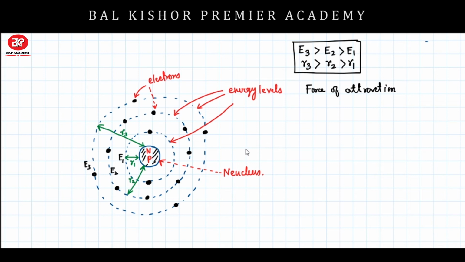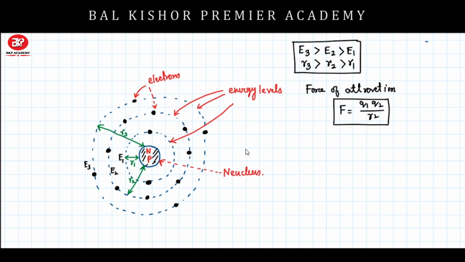That force of attraction is F equals Q1 Q2 divided by R square, where Q1 is the charge of the nucleus and Q2 is the charge of the electron. So electrons will have their own energy, and depending on this, electrons will take different energy levels.